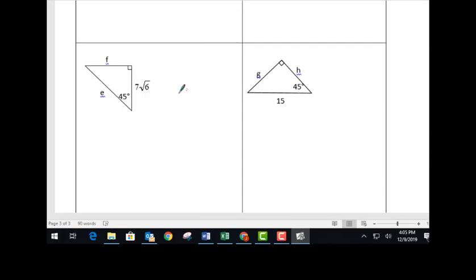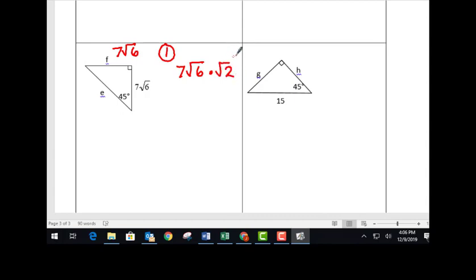All right, now for this, I'm given the leg, so I know that F here would have to be 7 square root of 6. In order to find the hypotenuse, we know this is scenario 1, because we're going from the leg to the hypotenuse. So I have to do 7 square root of 6 and multiply in a square root of 2.